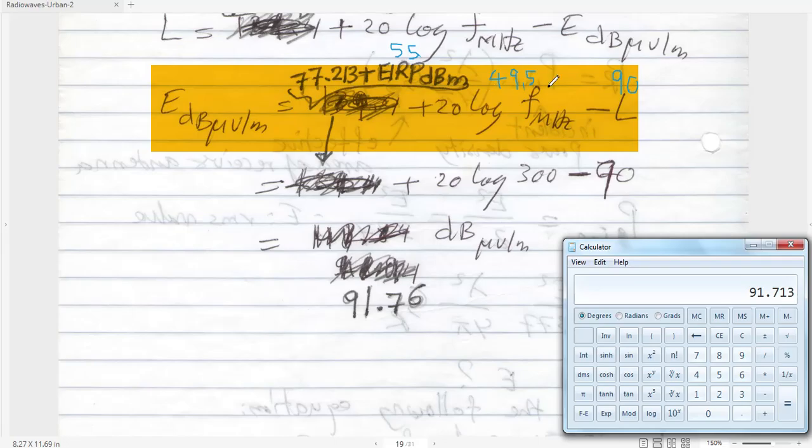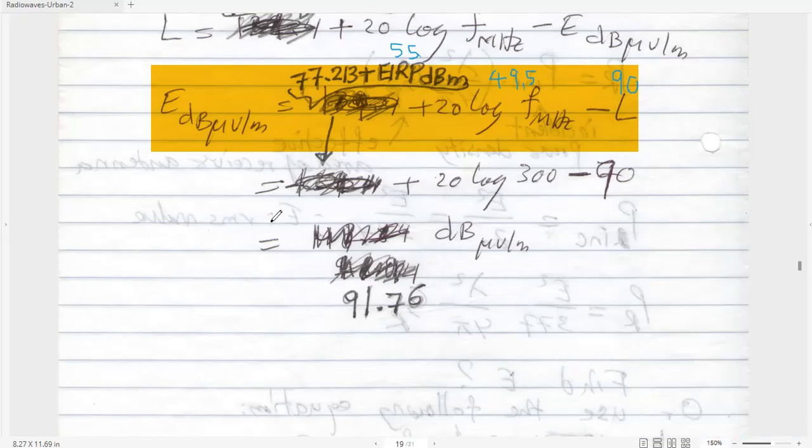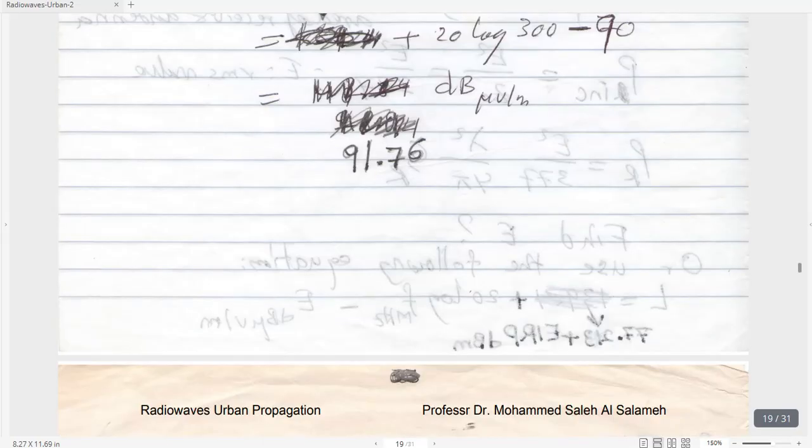It's not 49.5 exactly. If we put the exact value, we will obtain 91.76 dB microvolt per meter. This is the level of the electric field near the receiver.